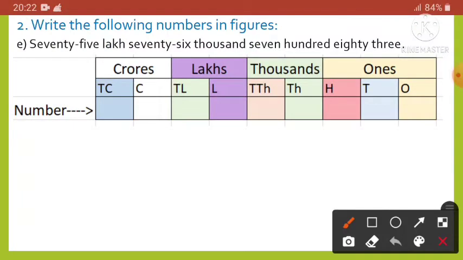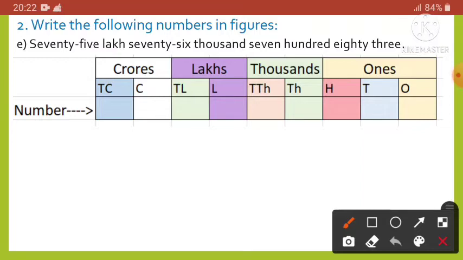Next question. Here is the next question. Write the following numbers in figures: 75 lakh 76,783. Okay, so how to write this?